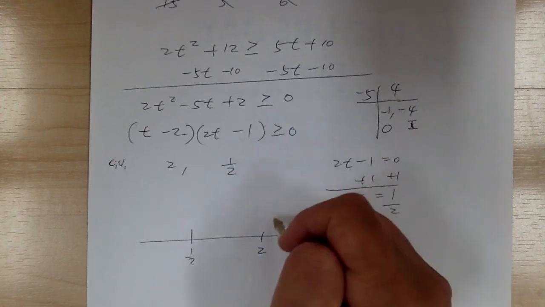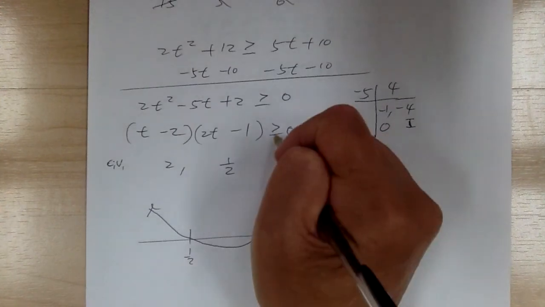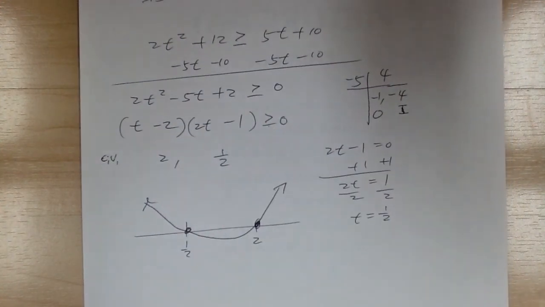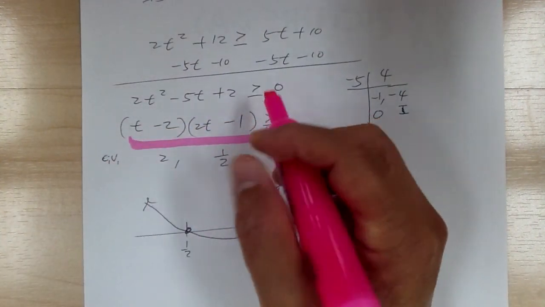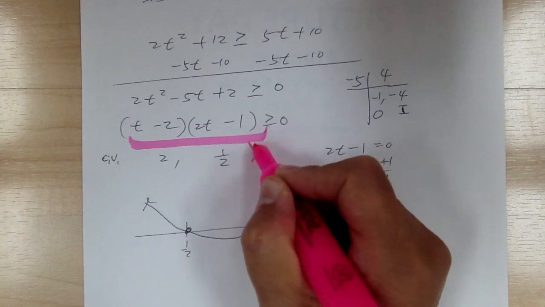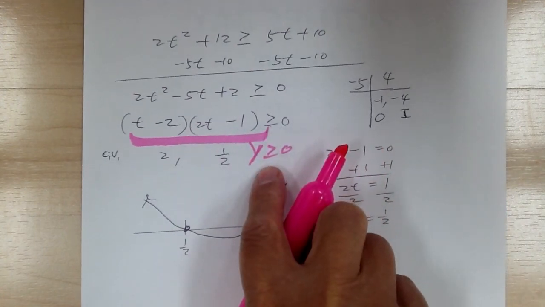And this is a closed circle. And now if you look over here, you're looking for a part that's greater than 0. Again, this is your y, right? So you're looking for y greater than or equal to 0. You don't want to do this part, but I'm just doing this part for you to follow.